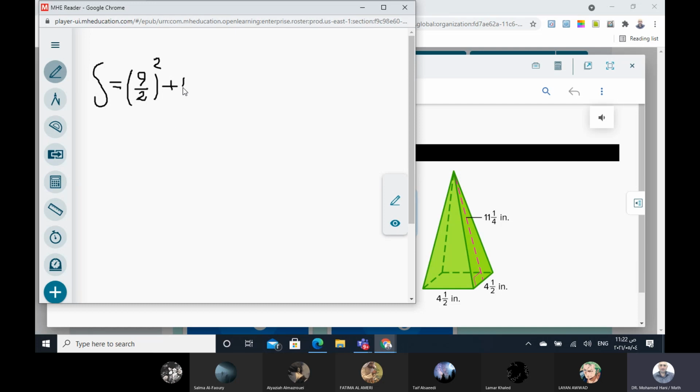So multiply by 4, because we have 4 lateral faces, and find the area of one of these lateral faces. As you see here, the type is a triangle, and the area of the triangle is 1 over 2 multiplied by the base. The base, changed to a fraction, is 9 over 2.